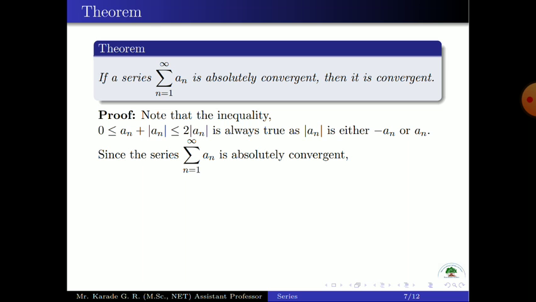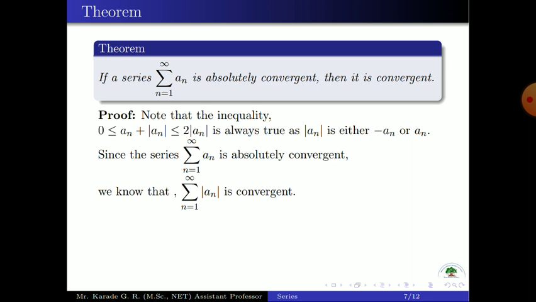Since the series summation an, n runs from 1 to infinity, is absolutely convergent, and this is given to us, we know that the series mod an is convergent. As the given series is absolutely convergent, the absolute series of the given series is convergent.